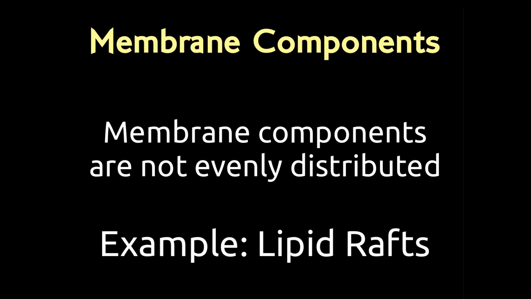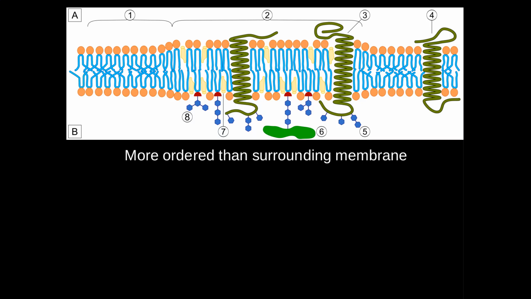So a lipid raft is an area of the membrane that tends to be more ordered than the surrounding membrane. If you look here, this area right here, this is a lipid raft. And here we just have the regular, normal membrane. Lipid rafts are interesting because, as I just said, they're more ordered.